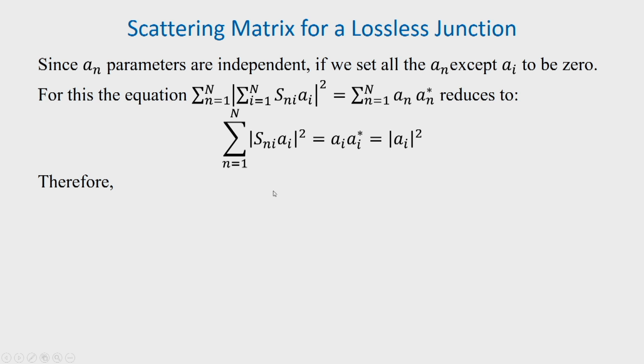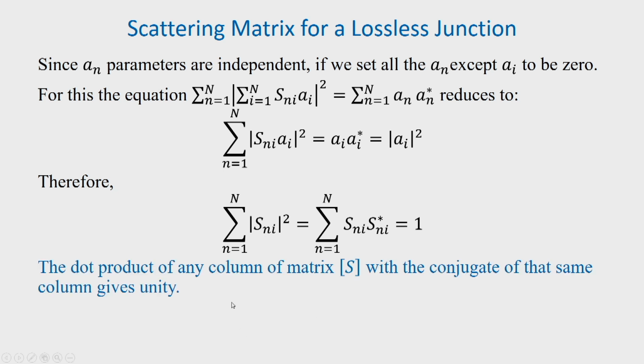And therefore, what we see is that summation of S n i squared, which is actually summation of S n i S n i conjugate, is equal to 1. Now, this S n i essentially represents the element of the ith column of the scattering matrix, and this is the conjugate of the elements of the ith column.